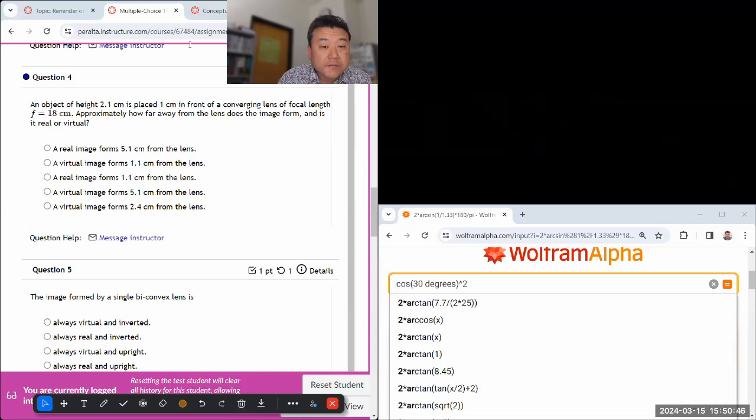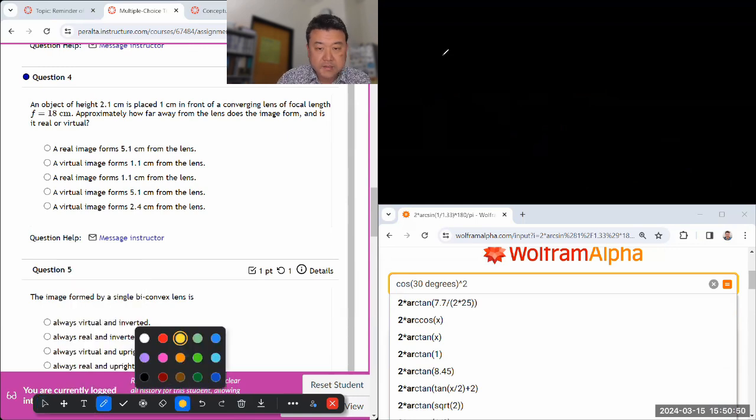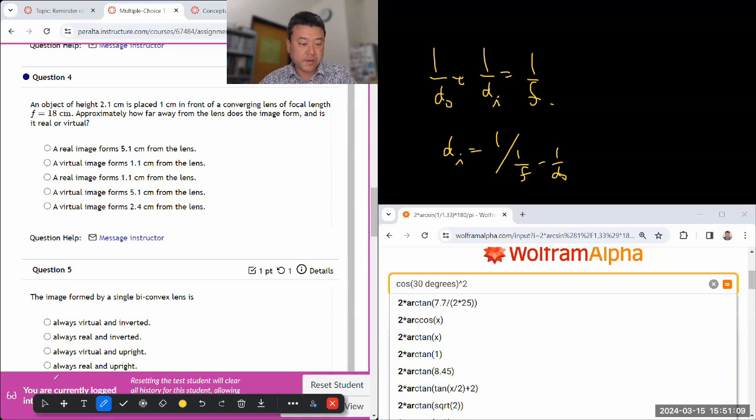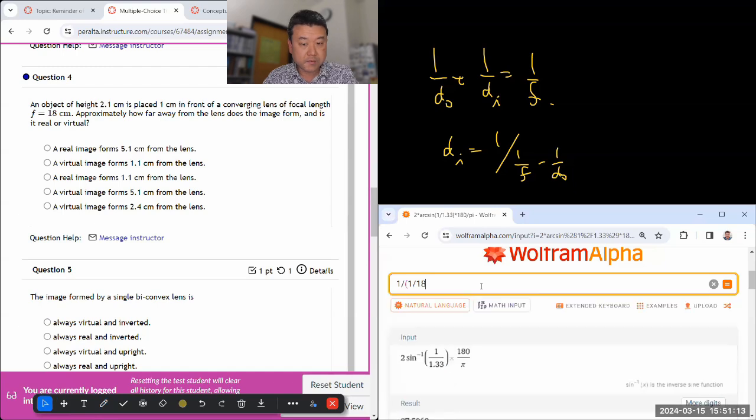So I have an object in front of a converging lens. Okay. So I'm gonna use the thin lens equation. 1 over object distance plus 1 over image distance is 1 over focal length. And how far away is the image formed? Yeah. So d_i is just gonna be 1 over f minus 1 over d_o. So let me do that calculation in Wolfram Alpha. 1 over focal length 18 centimeters minus 1 over object distance 2.1.